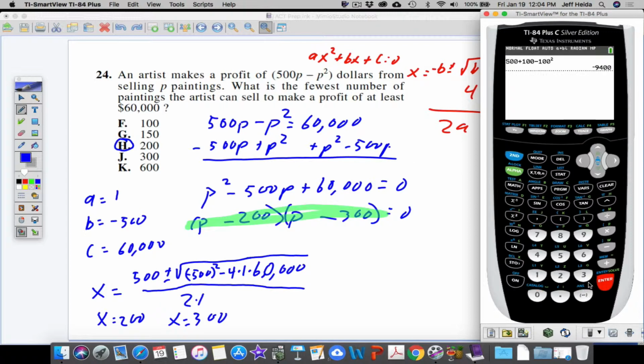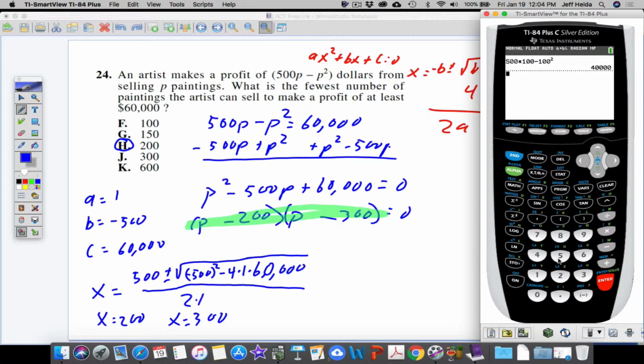And that gives you a negative number. Oh, you know what? I did that wrong. So let's do 500 times 100 minus 100 squared. That's 40,000. That's not enough.